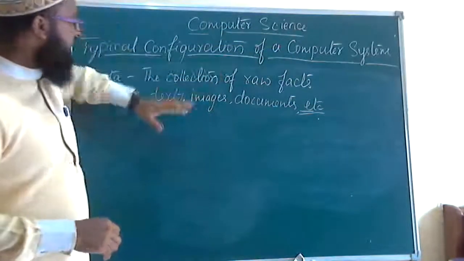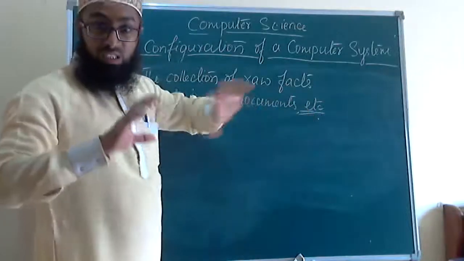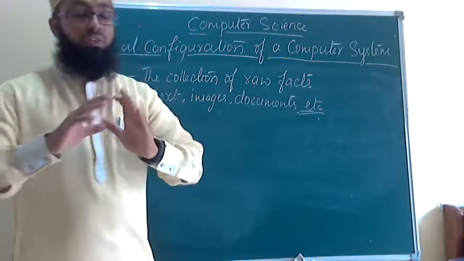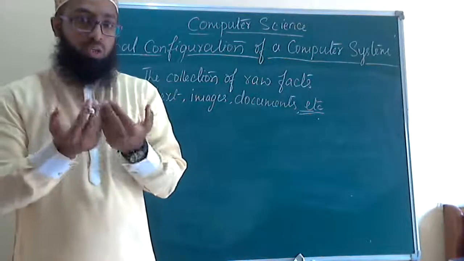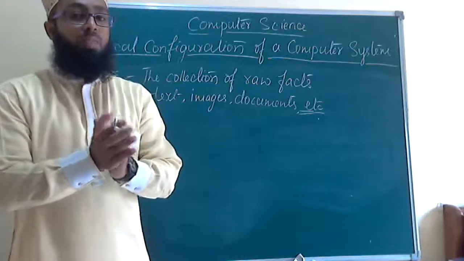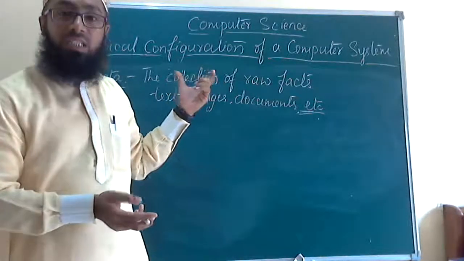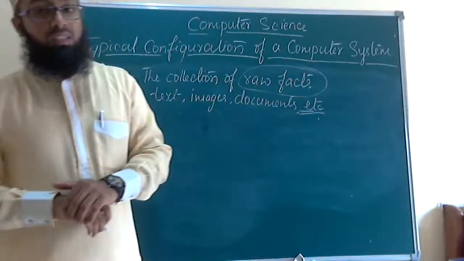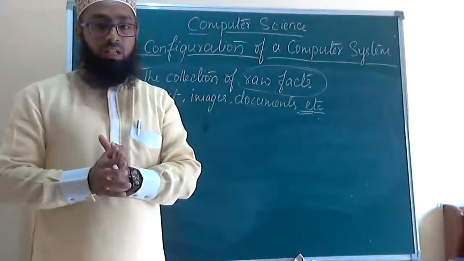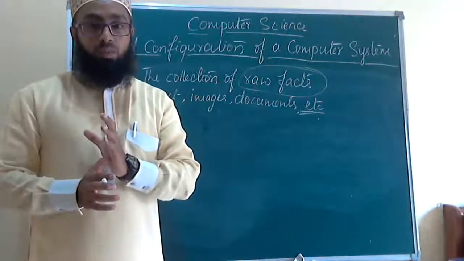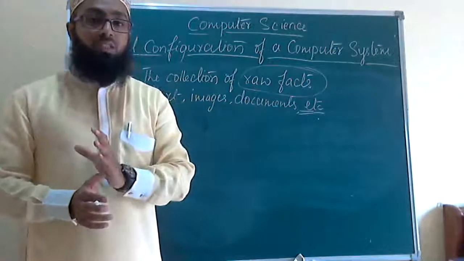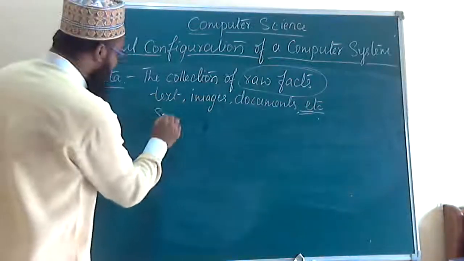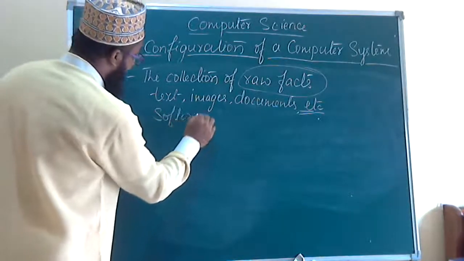In our own words we can define data as the things which we are going to store inside the computer memory or computer storage. Those things are called data, and these are also called raw facts. And software is also a part of data.